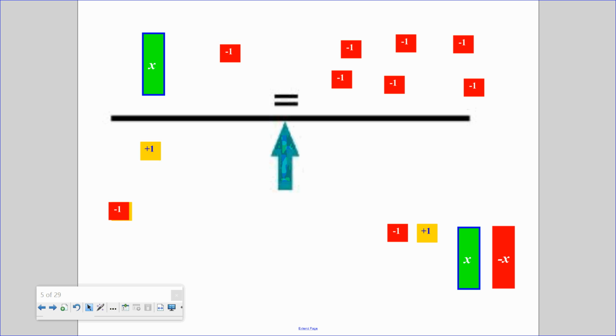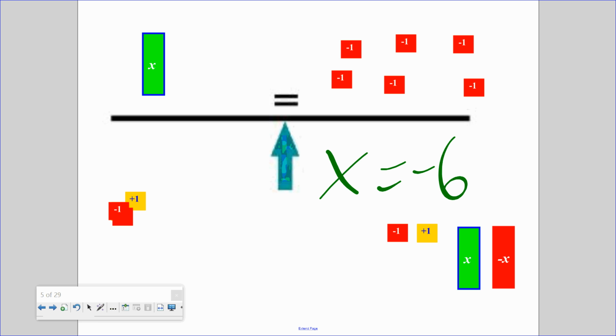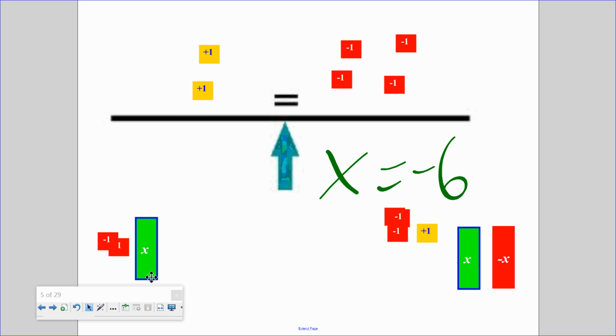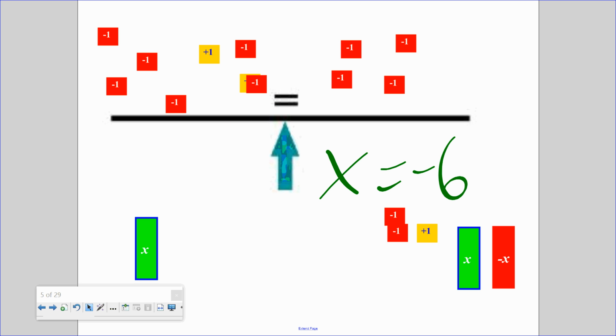These zero pair out, so x equals negative 6. To check our work, I substitute the x with 6 negatives. 1, 2, 3, 4, 5, 6. These zero pair out. Is negative 4 equal to negative 4? It does. So we did it correctly.